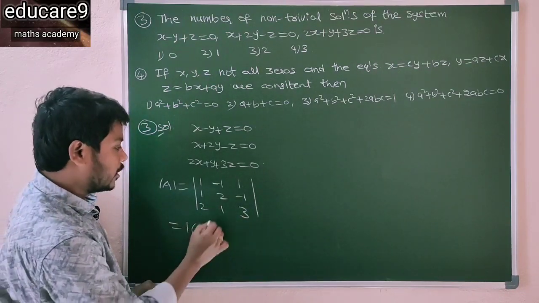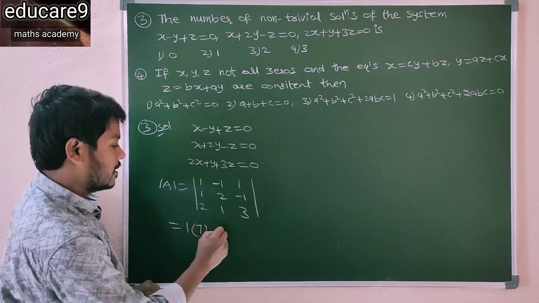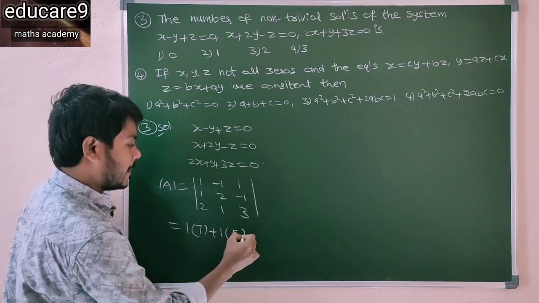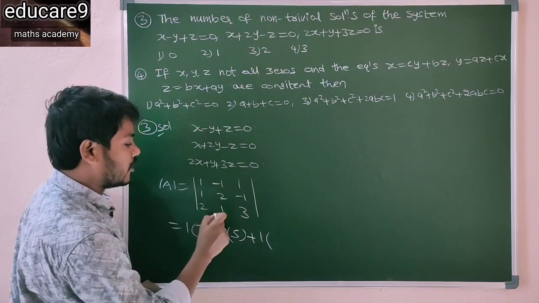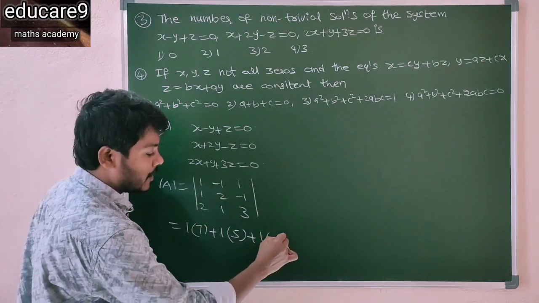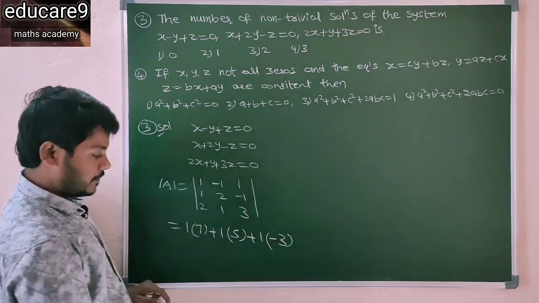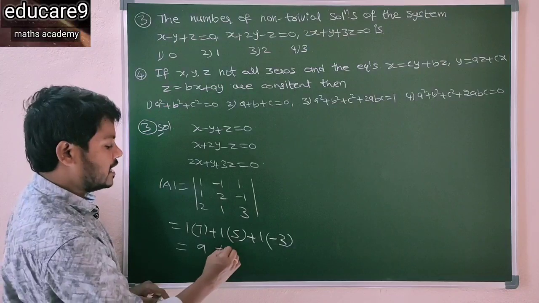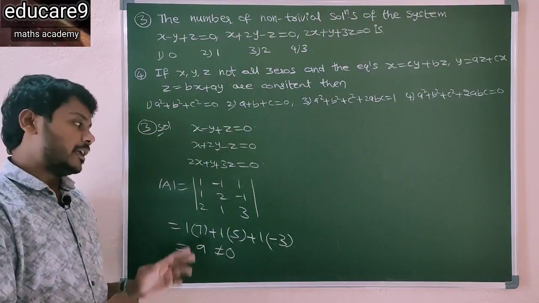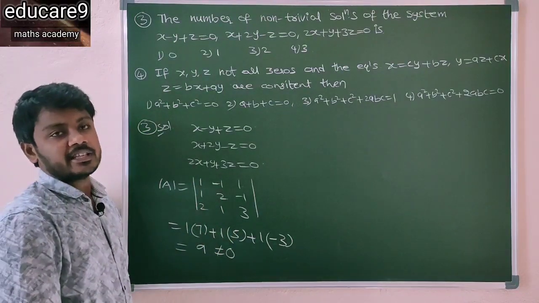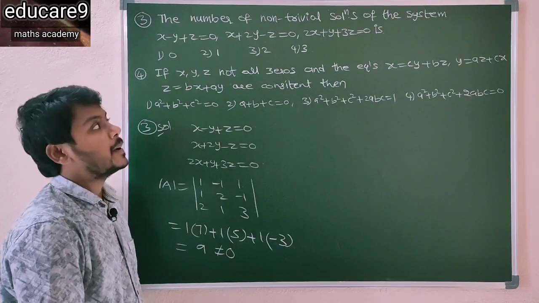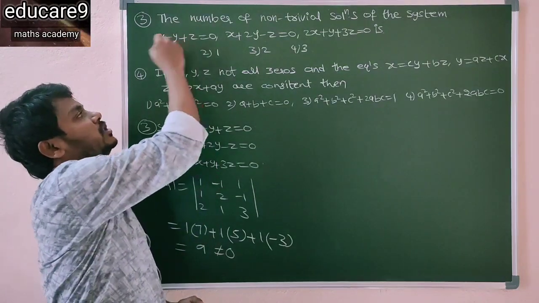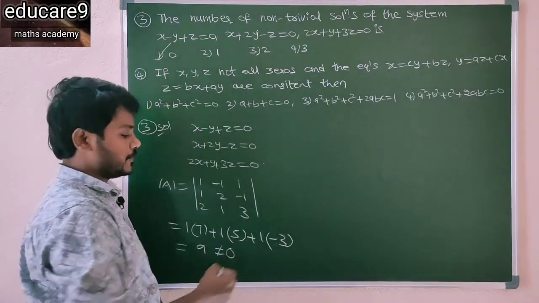So this is 1 into 6 plus 1, 7, plus 1 into 3 plus 2, 5, plus 1 into 1 minus 4, minus 3. So 12 minus 3, 9. So here determinant of A is not equal to 0. Then clearly the system of equations has only the trivial solution. Therefore clearly the number of non-trivial solutions is 0. So first option.